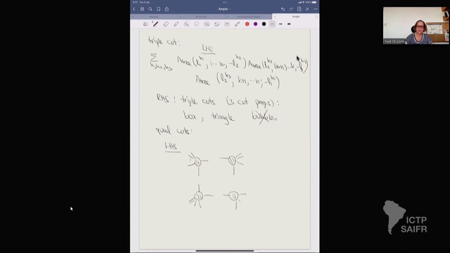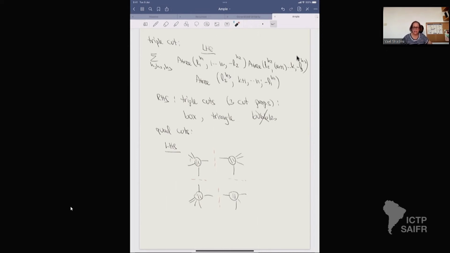And altogether we cut 4 propagators. And the discontinuity that we get is given by the product of these 4 amplitudes. This one times this one times this one times this one. And these are all 3 amplitudes, which presumably we already evaluated.